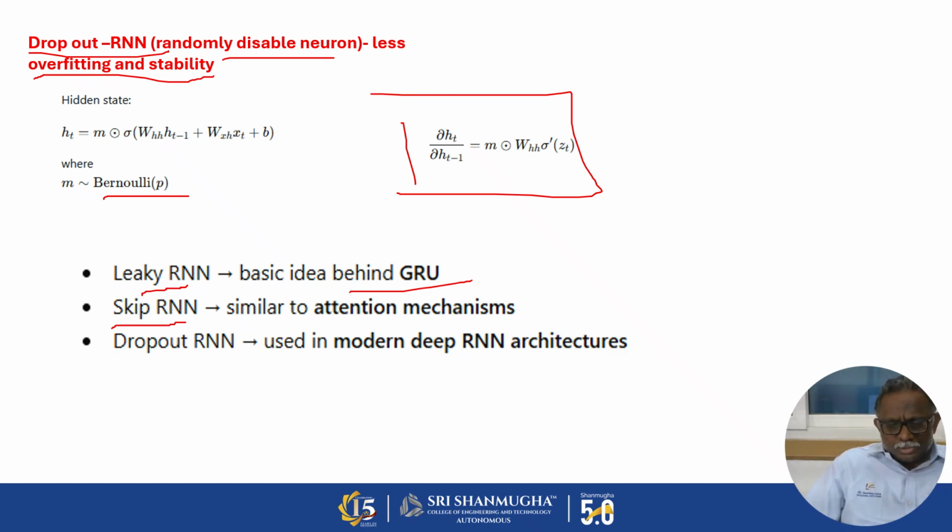That's why it is mostly used in attention mechanisms. And dropout, as we discussed, is used in most modern RNN architectures. It takes care of overfitting issues and stability. So these are the three strategies one can use in a simple RNN to overcome the vanishing gradient issue.